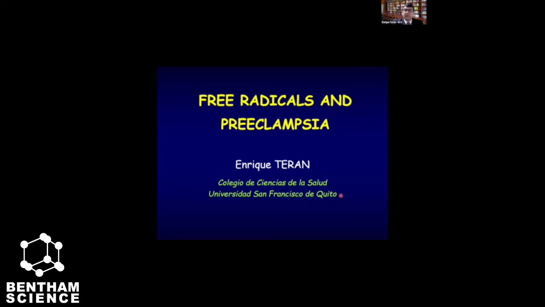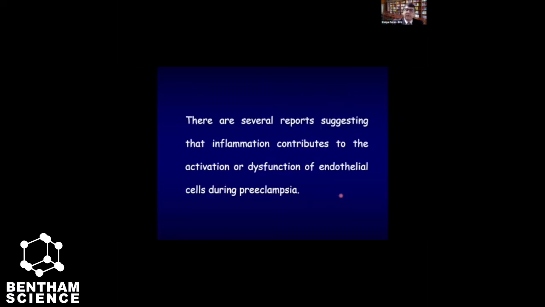Please let me go ahead, starting with something that probably most of you know. There are several reports suggesting that inflammation contributes to the activation or dysfunction of endothelial cells during preeclampsia. That was one of the first theories, that preeclampsia might be due to an inflammatory state.